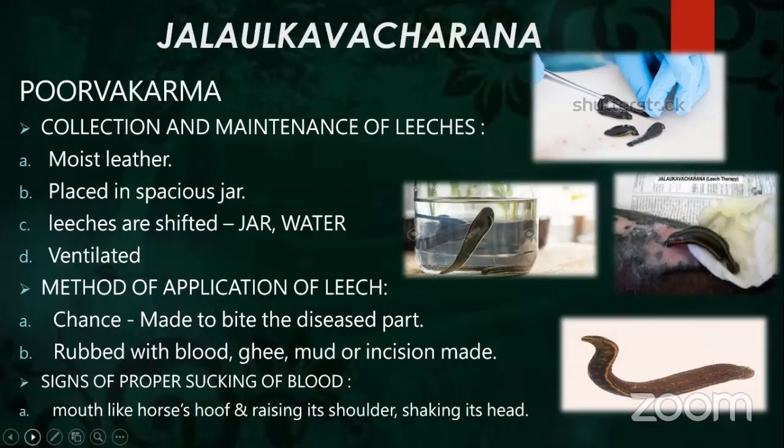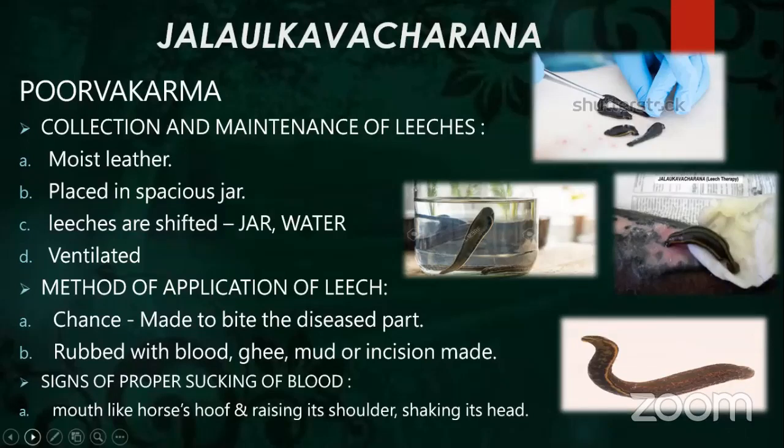We have to notice whether the leech is ventilated properly or not. Next, we'll see the method of application of leech. After collection and maintenance of leech, we have to select the ideal patient to give Jaloka Charana.